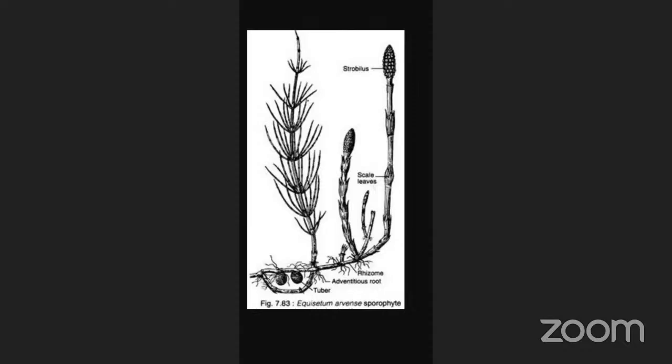The aerial sterile branches may be unbranched or branched. These sterile shoots are much branched, showing branches of tertiary order in some Equisetum species.